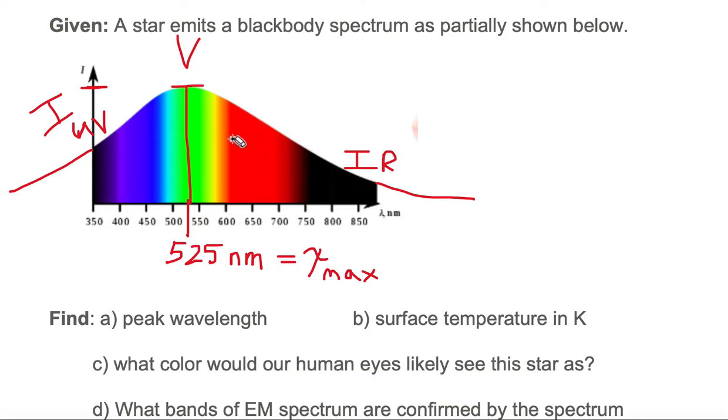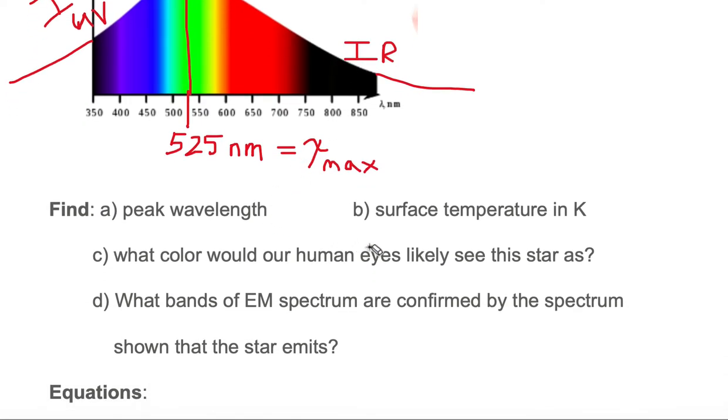This object is emitting a lot of red with a little bit of orange and a little bit of yellow. So you're likely to see this object as more of an orangey red type star. I'm just going to say orange red, because it's going to emit more orange and red colors than it is going to emit of green.